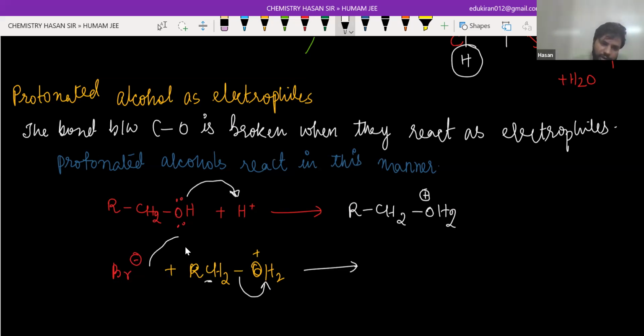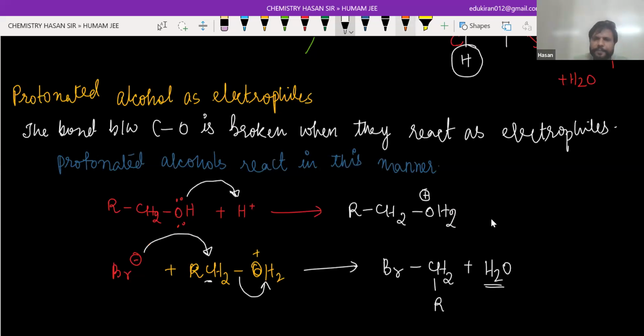At that time, this nucleophile will be attacking on carbon, not R, because oxygen is taking electron from this carbon. So what will happen? Br will be there since back attack is there. CH2 will be there, R is there, and OH2 will leave in the form of water.